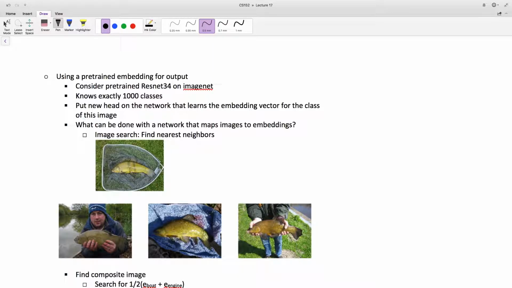Why 300? Because we're now going to change Y. Y is not going to be the label anymore. Y is going to be an embedding of the label.